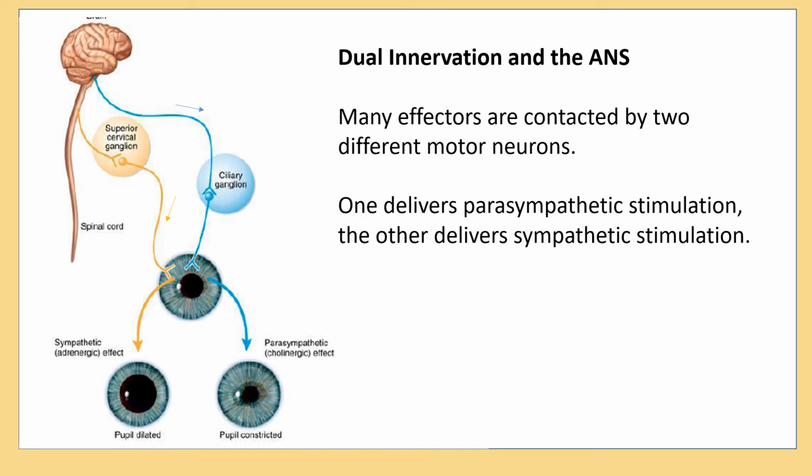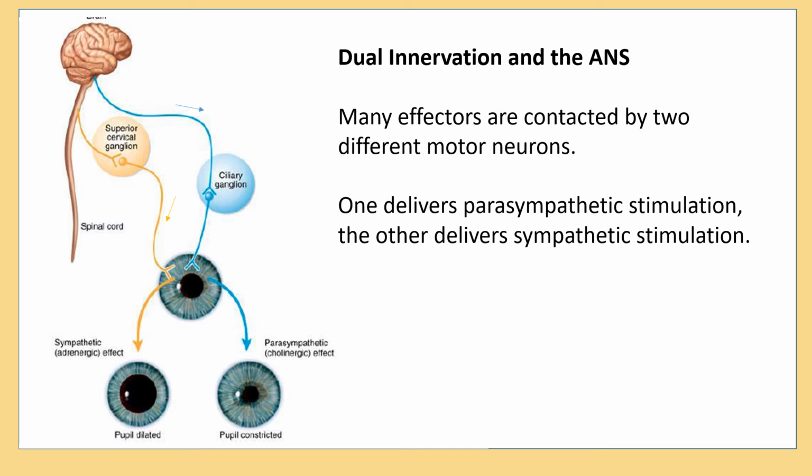And this brings us to dual innervation. Each effector in the autonomic nervous system receives two types of motor stimulation, sympathetic and parasympathetic. And those two types of stimulation are delivered along two separate motor pathways. Different motor neurons deliver the two different types of motor stimulation.